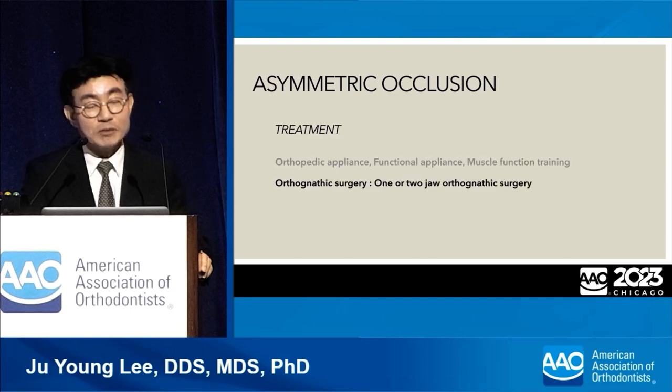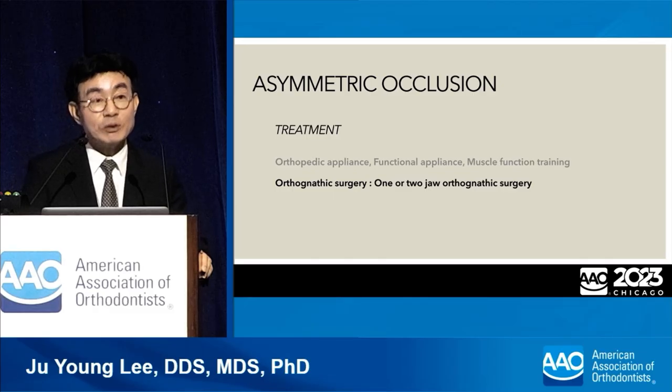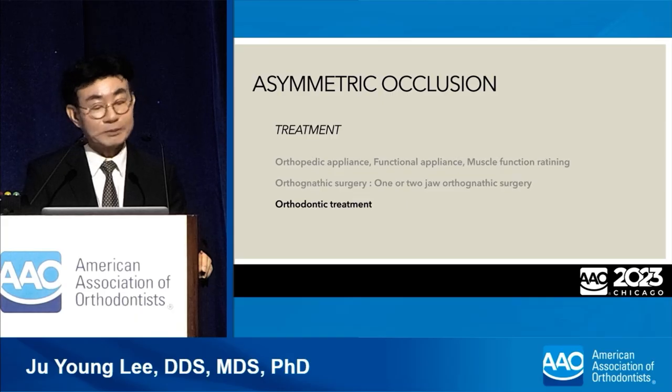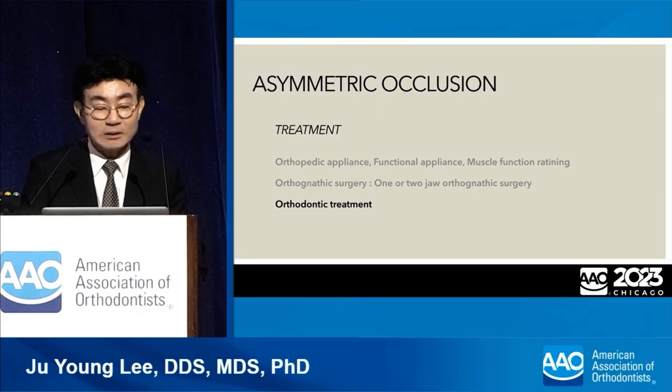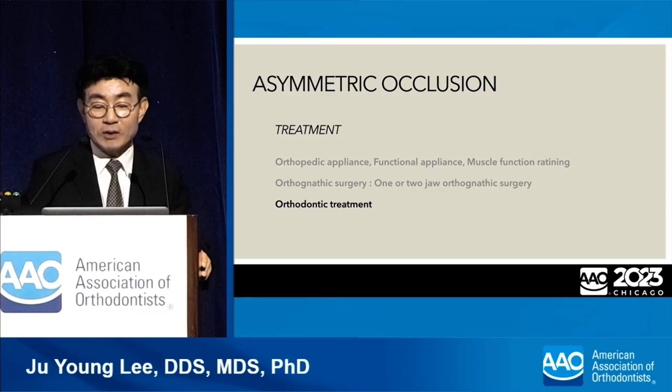If this asymmetric growth becomes severe, and the disharmony between the face and occlusion increases, orthognathic surgeries may be required after growth. Fortunately, many asymmetries in clinical practice can be improved with orthodontic treatment only, and I'd like to focus on this orthodontic treatment modality today.